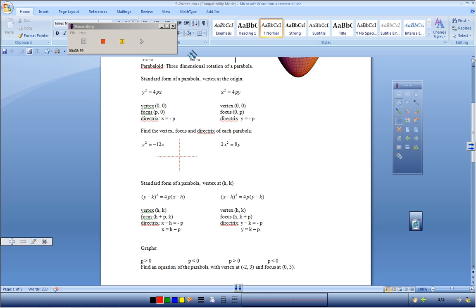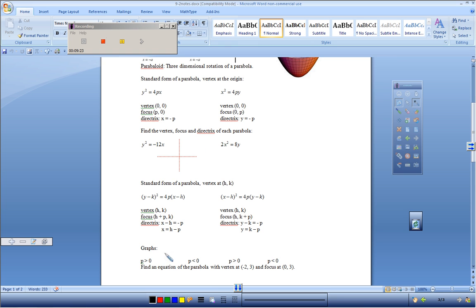Now a little quick tip, if you go down to here, if p is greater than 0, meaning the number in front of the x is positive, that means that this parabola opens to the right, like this.